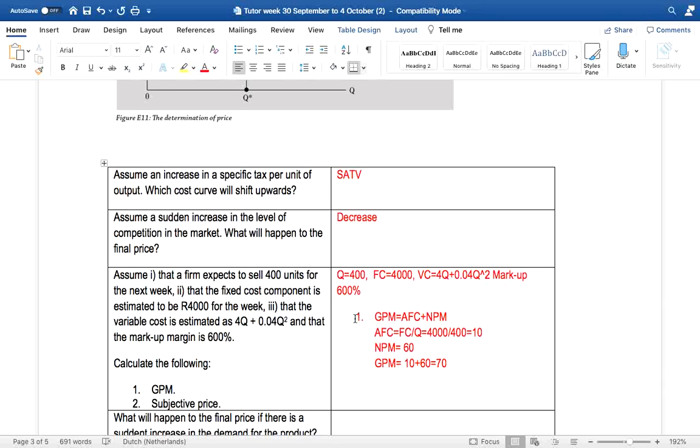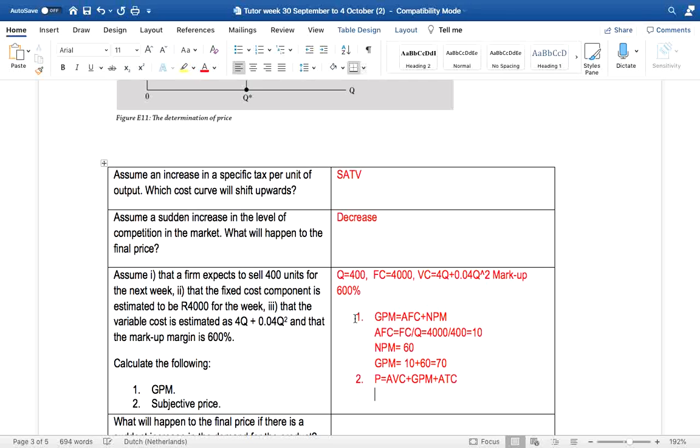And now we are asked to calculate the subjective price. Remember, price is equal to our average variable cost plus GPM.